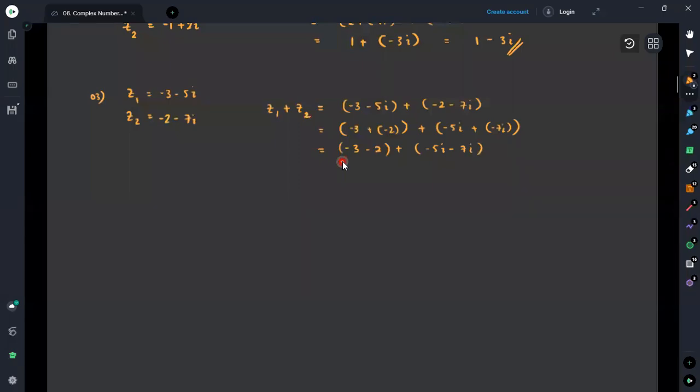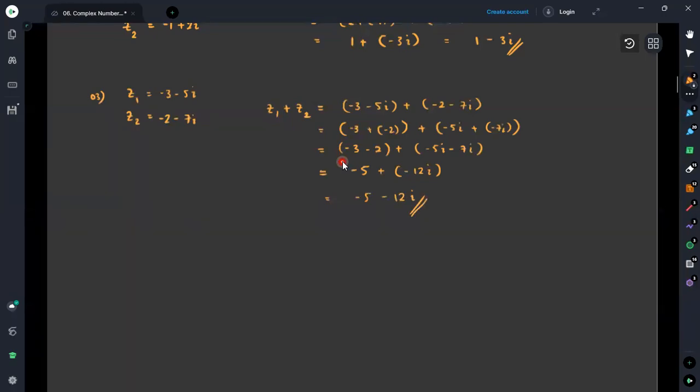Since the bracket has a plus sign in front, there is no change to the signs inside. Multiplication of opposite signs gives a negative value. Therefore minus 3 minus 2 is minus 5, and minus 5i minus 7i altogether is minus 12i. Then we get the addition as minus 5 minus 12i.